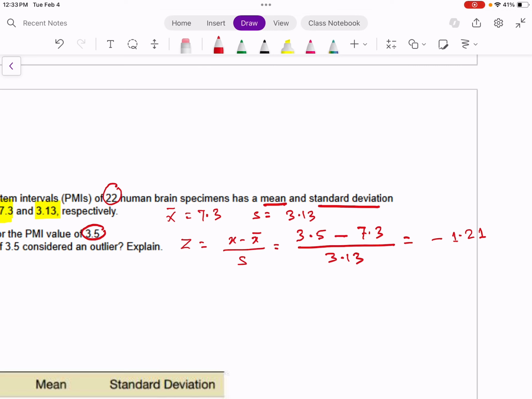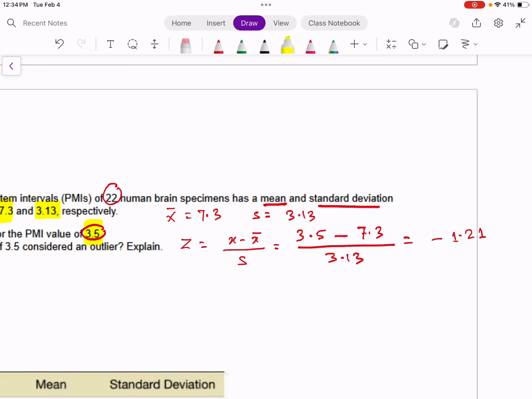Now, from this z-score, can you tell me where this measurement is located from the mean? Our mean is 7.3, and our measurement is 3.5. We have the z-score for 3.5 as negative 1.21.